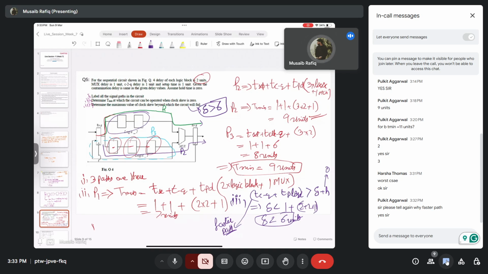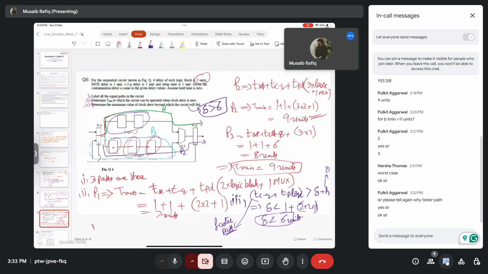If you take the other two paths, they still satisfy the constraints, right? But for the faster path, the constraint is not satisfied. Yeah, got it. So for this case, it is 6 units.